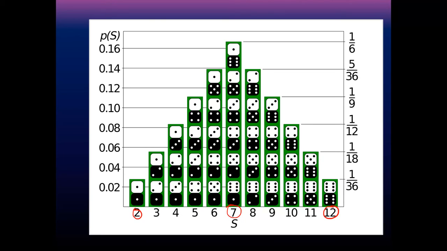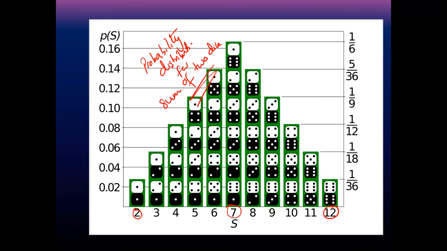So this here is a probability distribution for the sum of the numbers for 2 dice.